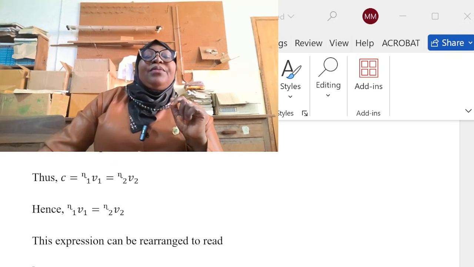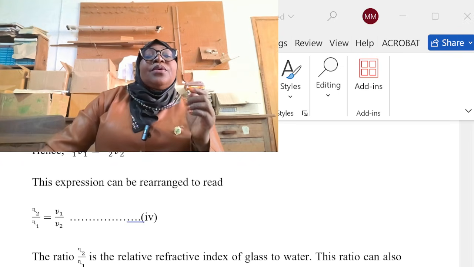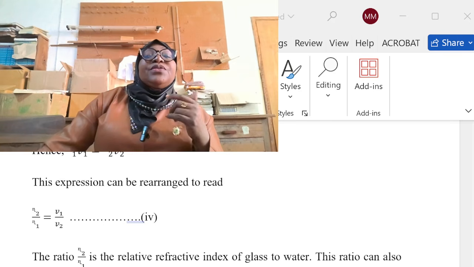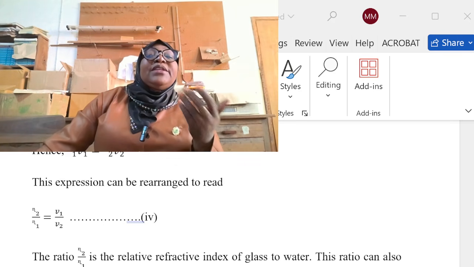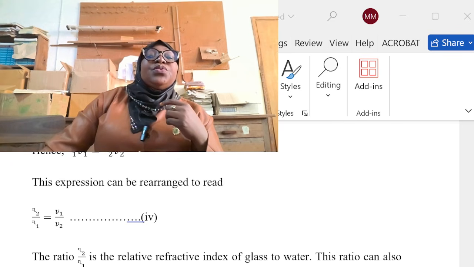You can use this relationship to find any of the unknown values, for example n1, n2, V1 or V2. Also, you can rearrange it in terms of ratios, so n2 divided by n1 is equal to V1 over V2.